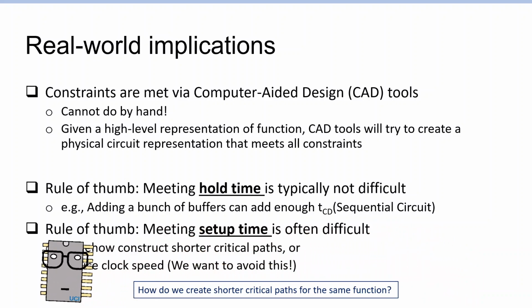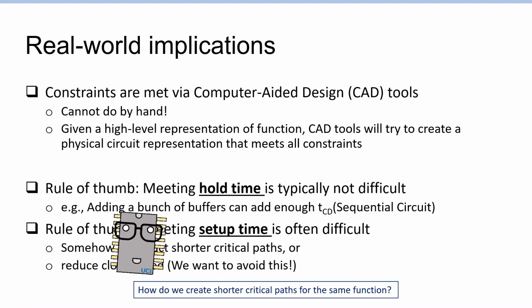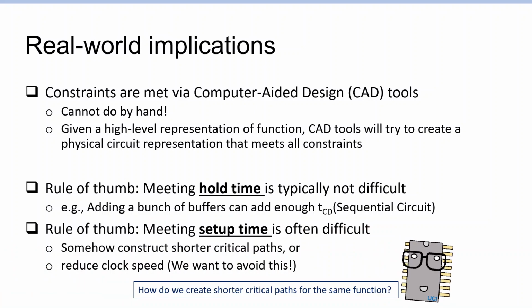And if our initial design does not meet the setup time constraint, we need to either somehow construct shorter critical paths, and in later lectures we're going to talk about some approaches to doing this, or reduce the clock speed. And of course, we want to avoid reducing the clock speed because higher clock speed leads to higher performance. So the question becomes, given a function we want to implement as sequential circuits, how do we create shorter critical paths for the same function?